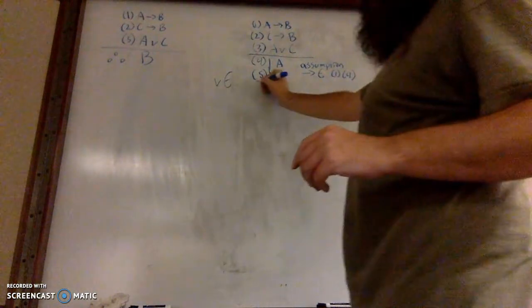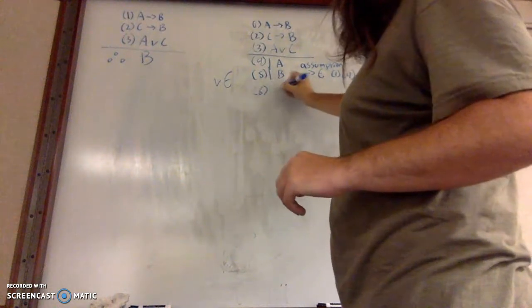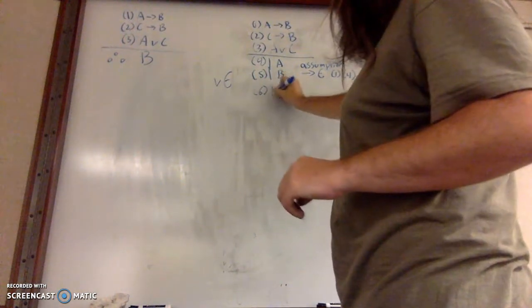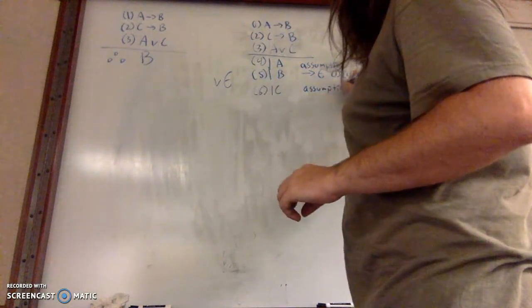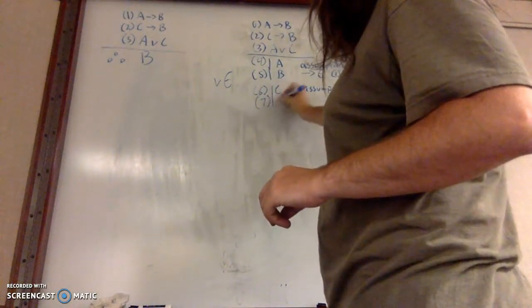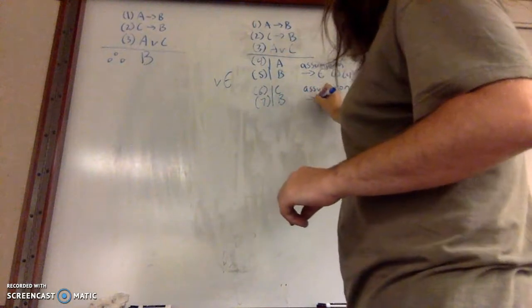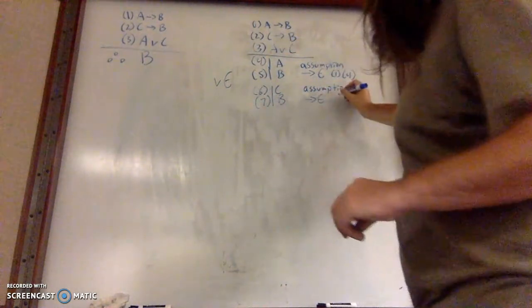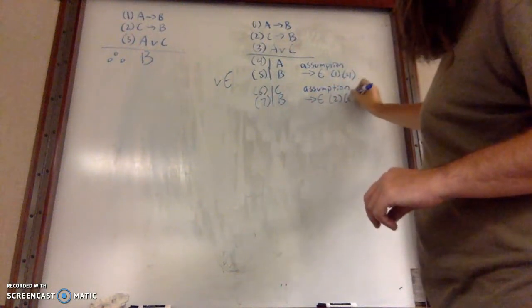Now we can end this assumption, right? We make a new assumption of C. And we're going to end up with B again, also by a conditional elimination on lines 2 and 6, right?